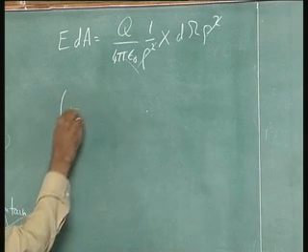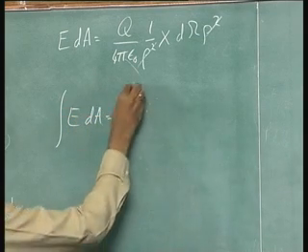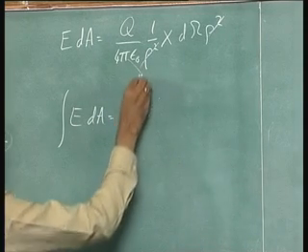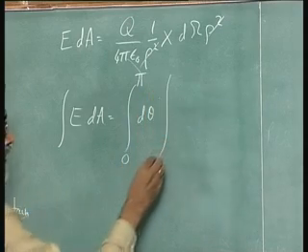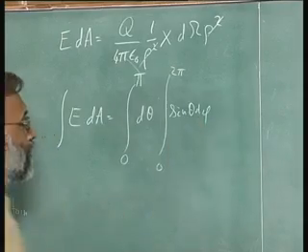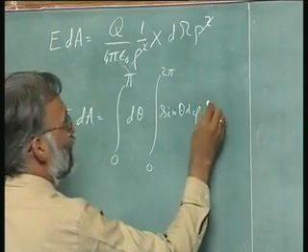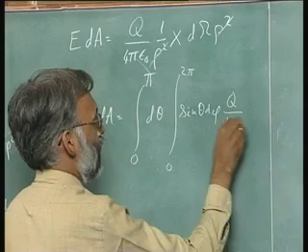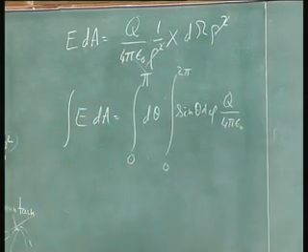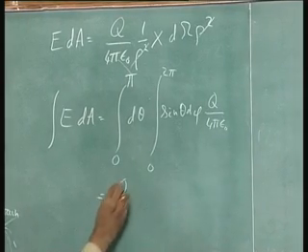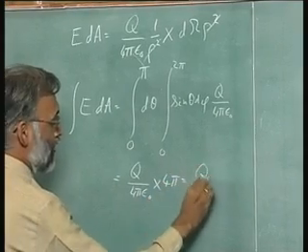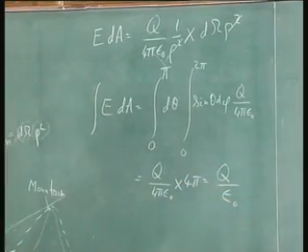I get integral E dA is equal to integral, and my d omega I do using the same kind of integration, 0 to pi d theta, 0 to 2 pi sin theta d phi of q over 4 pi epsilon naught, rho squared cancelled, and d omega is nothing but this. The same answer.